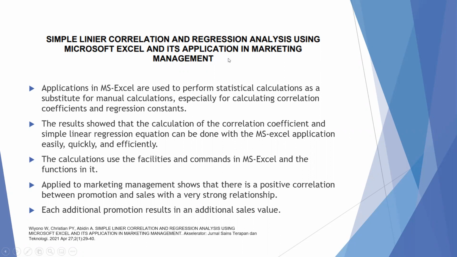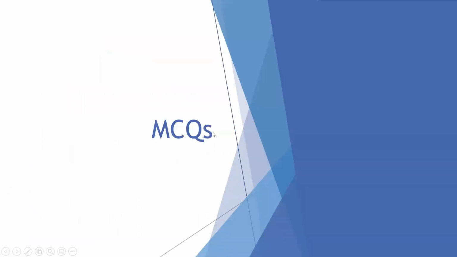We widely use Microsoft Excel for data storage, and it is also used to perform statistical calculations. The results showed that calculations of correlation and simple regression can be done with Microsoft Excel easily, quickly, and efficiently. It can be applied easily in marketing, and also in healthcare settings. So now it's time for the MCQs.